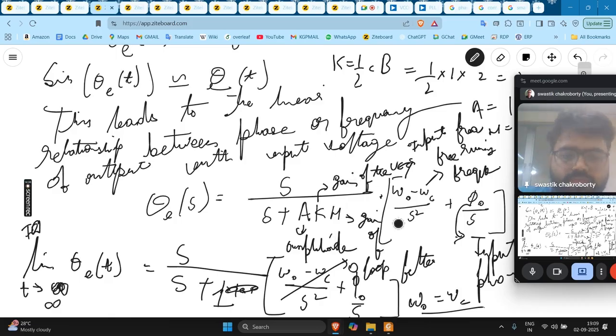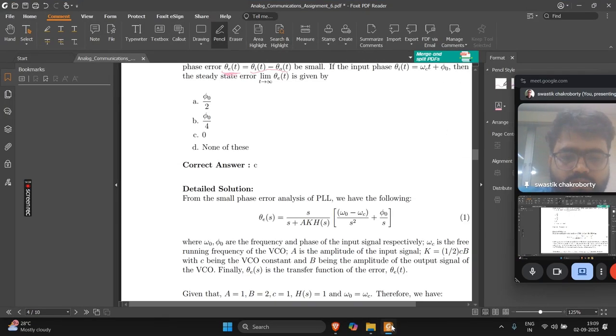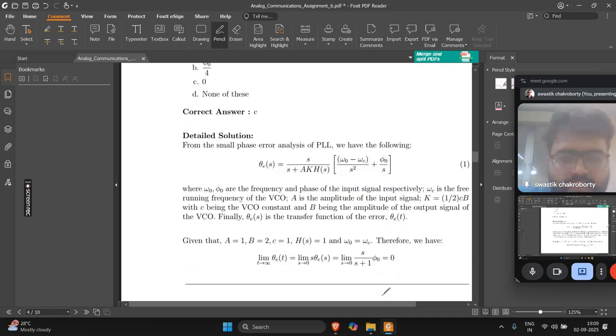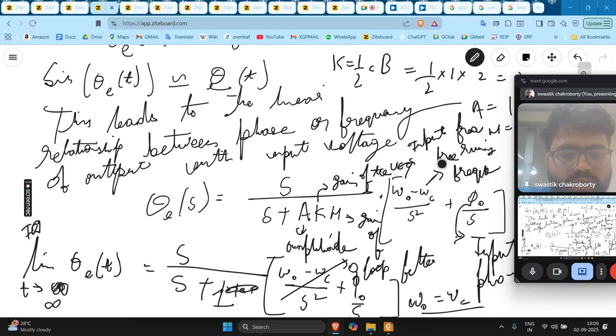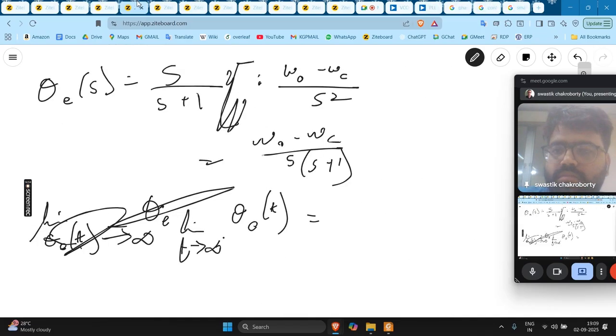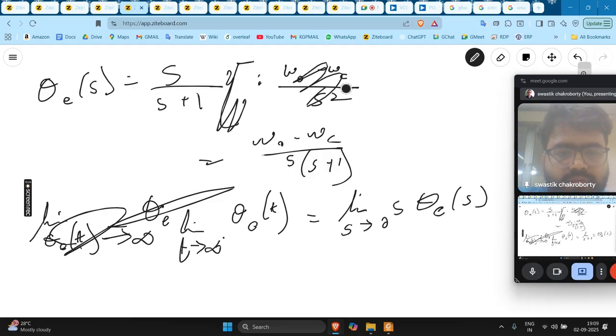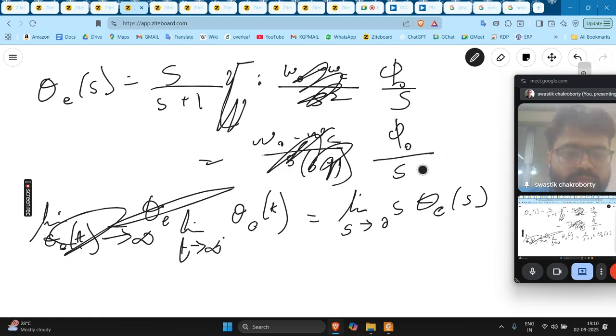So here you have limit t tends to infinity, theta e(t) is limit s tends to 0, s theta e(s). This is the final value theorem. So instead of this you will have phi naught by s plus 1.